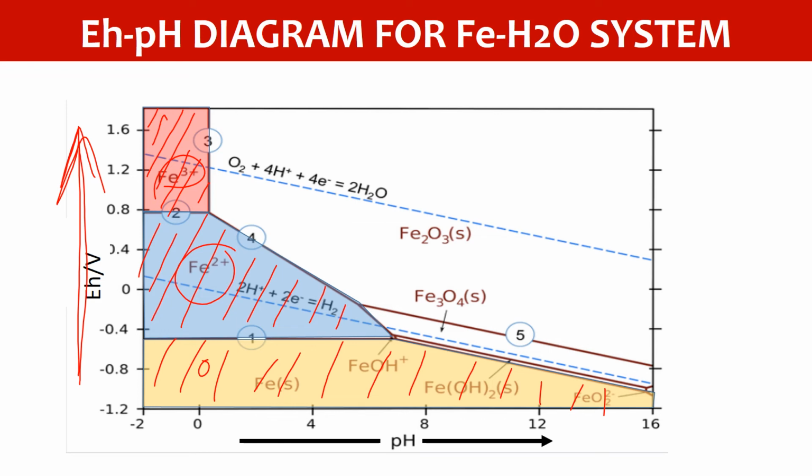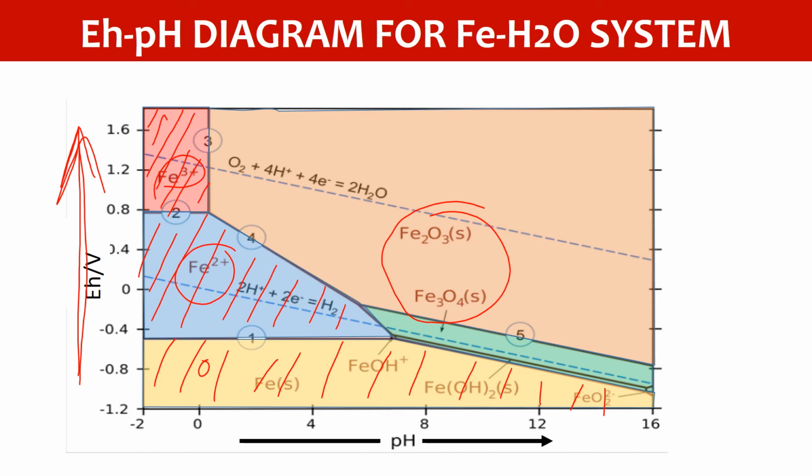Okay. Then here, this is the region of stability of our hydroxide or of our oxide, sorry, our solid, which is maybe your precipitate. Okay, these are the regions of stability of your oxides.